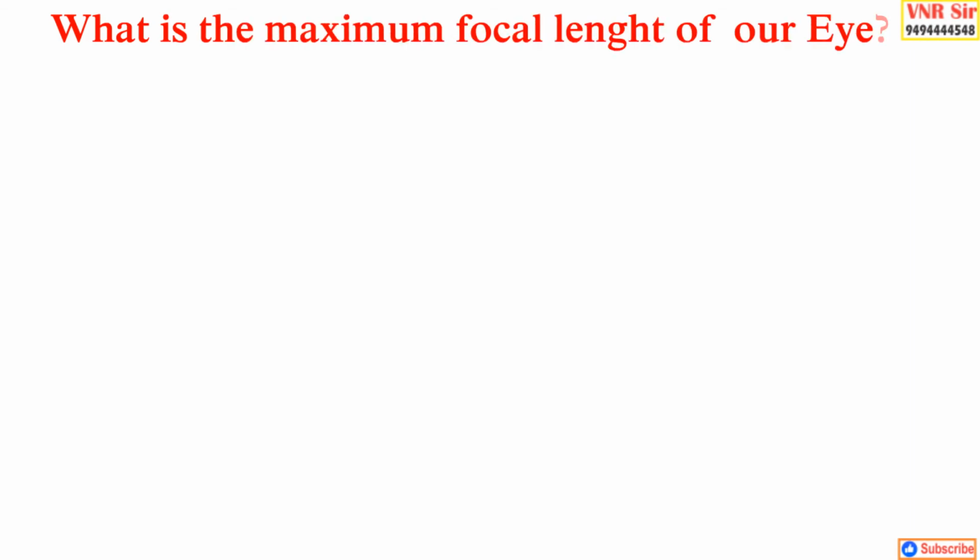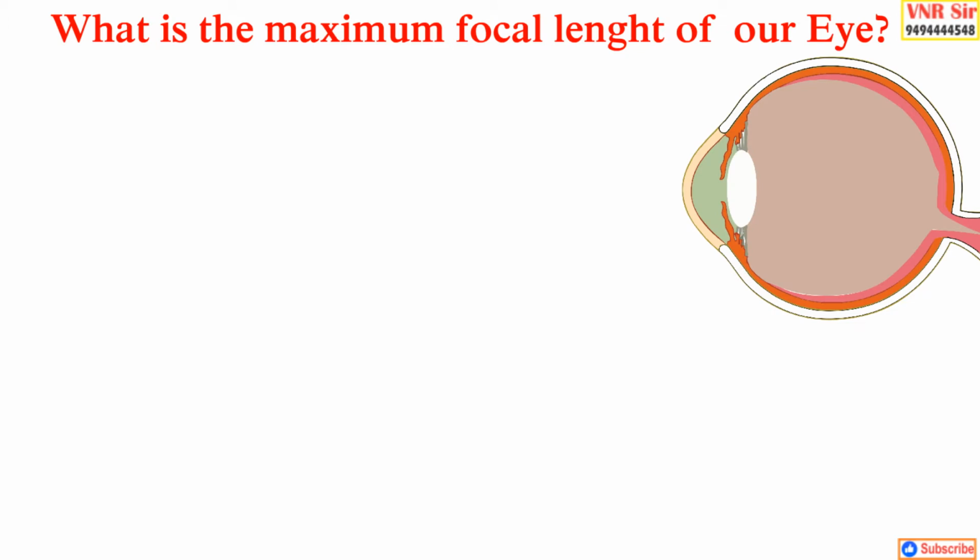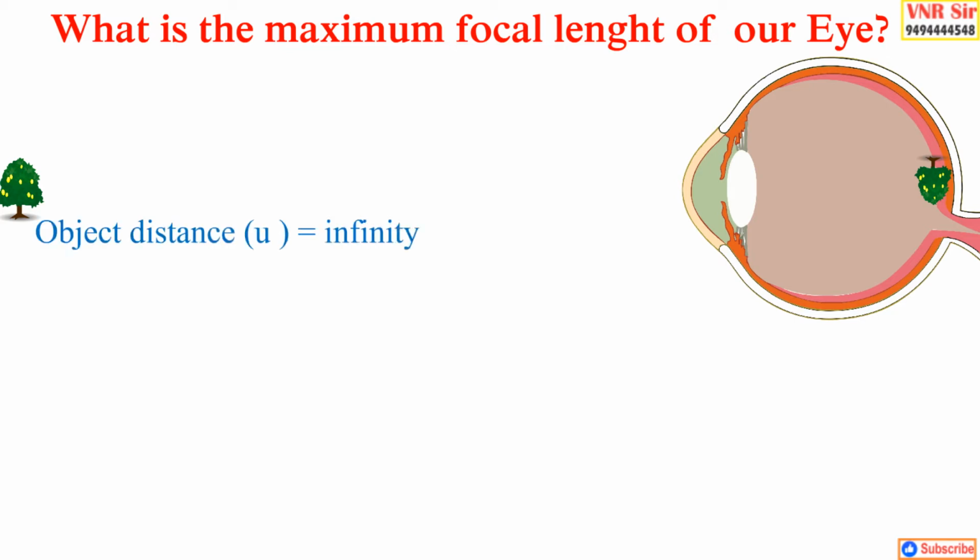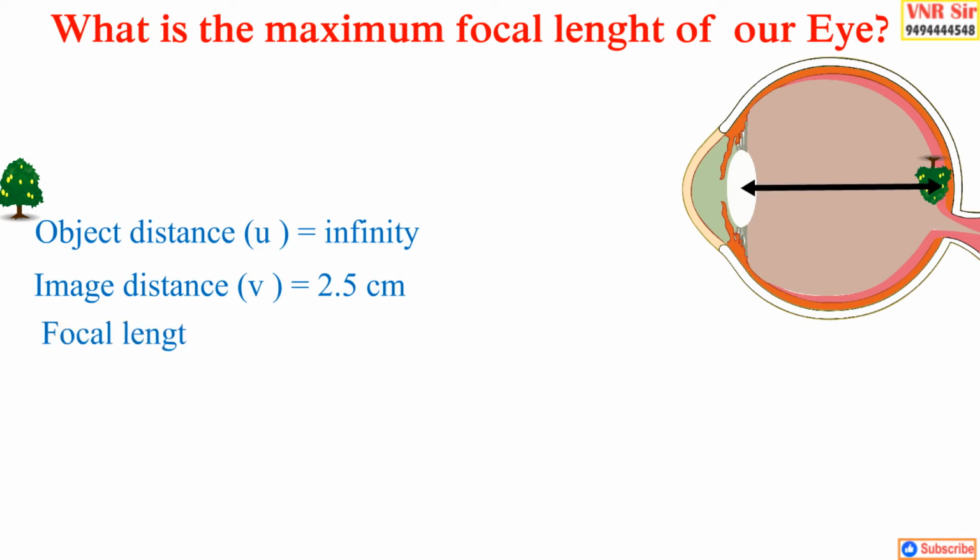What is the maximum focal length of our eye lens? Our eye lens has maximum focal length when we see far objects, that is, an object at infinite distance. In this case, object distance is equal to infinite, and image distance is equal to 2.5 centimeter as the image forms on the retina. We need to calculate the focal length.